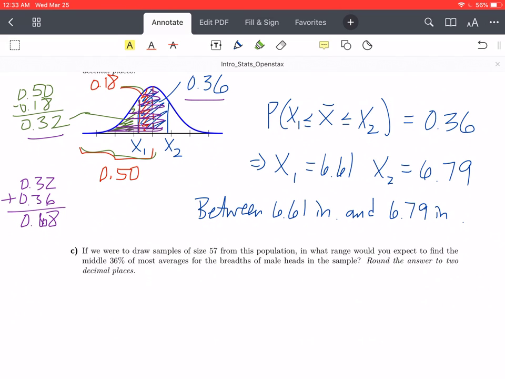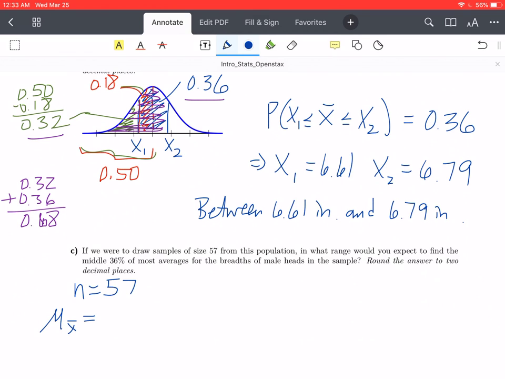Since n is changing, so n is 57, our mean for x bar is remaining unchanged, that's still 6.7, just like before. However, the standard deviation will change slightly. This time it's 1.2 over the square root of 57, instead of the square root of 41.